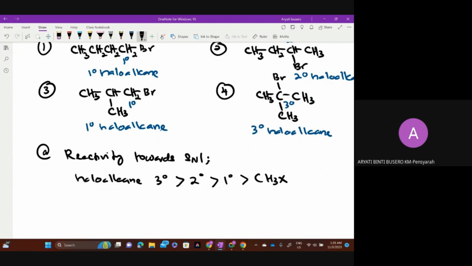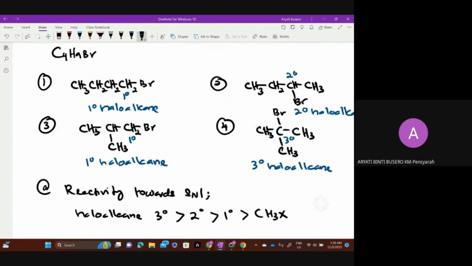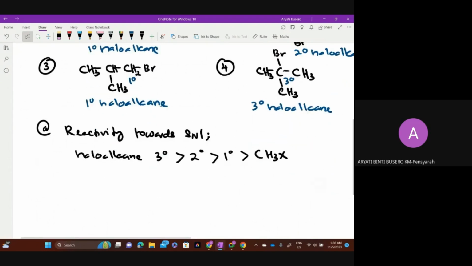So kita cari daripada kita punya structure number 1, 2, 3 and 4, which one is the tertiary haloalkane. So the tertiary haloalkane adalah structure number 4. Okay, so structure number 4, kamu boleh tulis structure 4 atau kamu pun lukislah structure number 4.